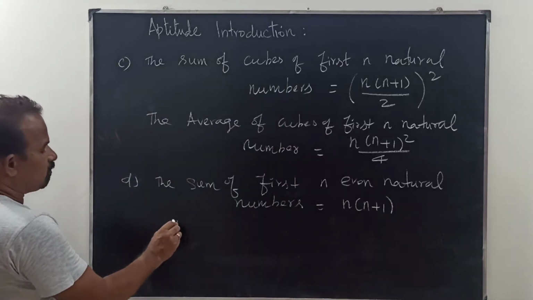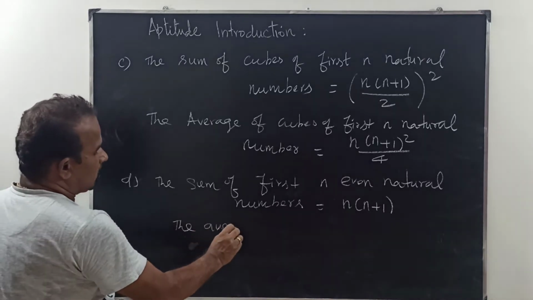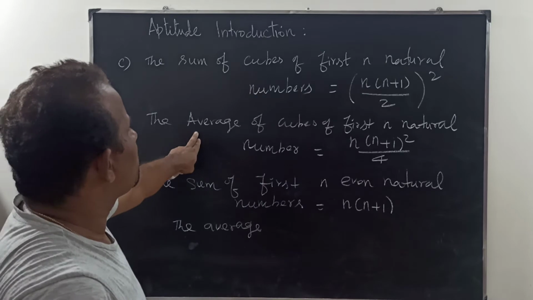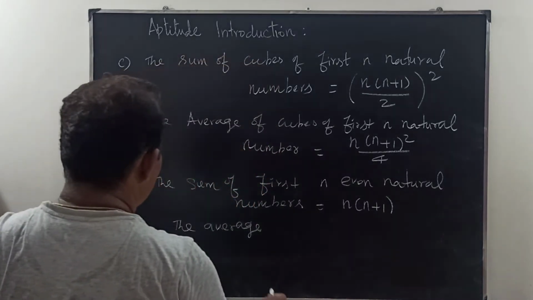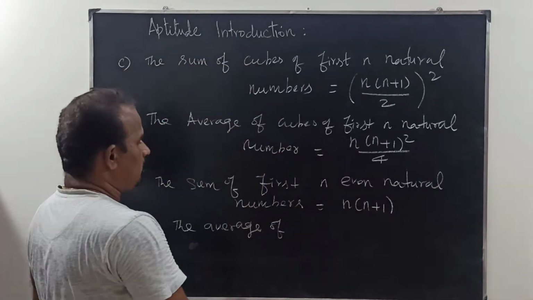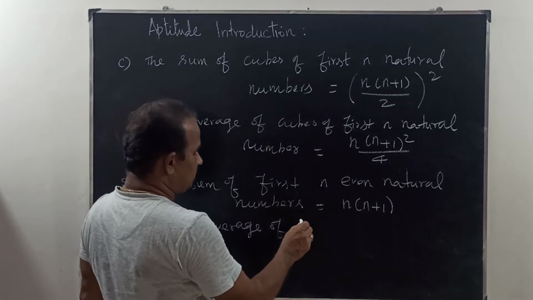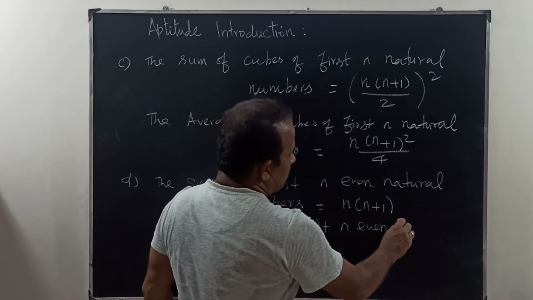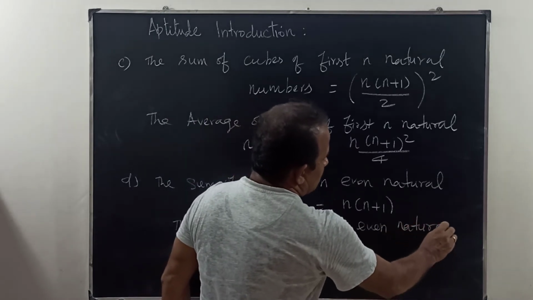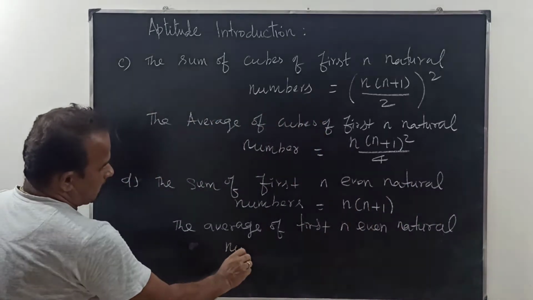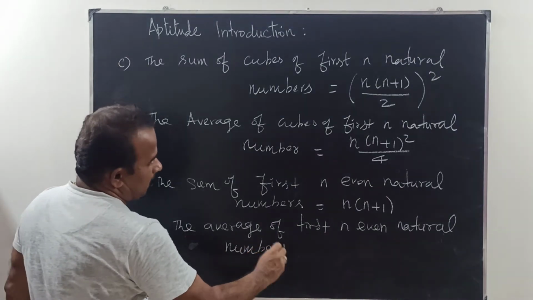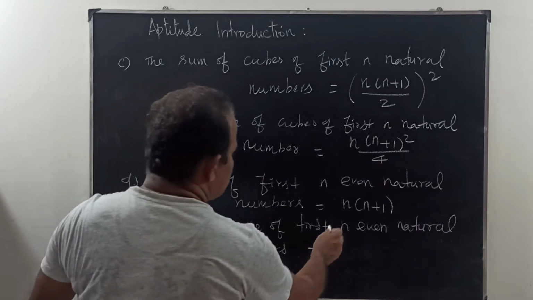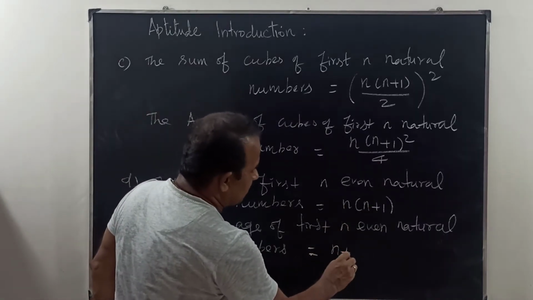So therefore the average of first n even natural numbers is equal to this divided by n. You will be getting n plus 1.